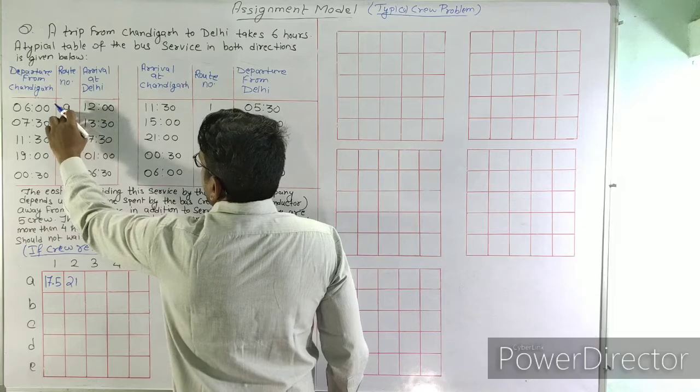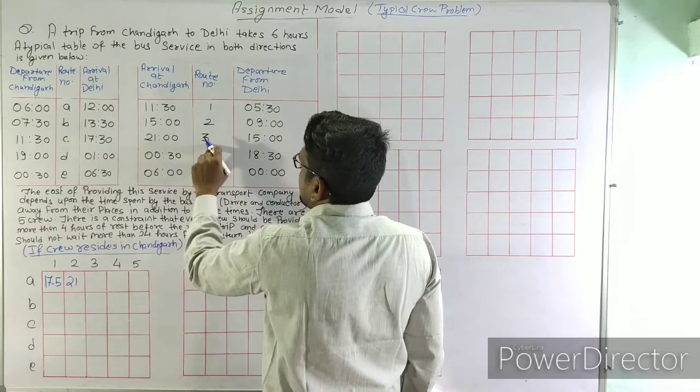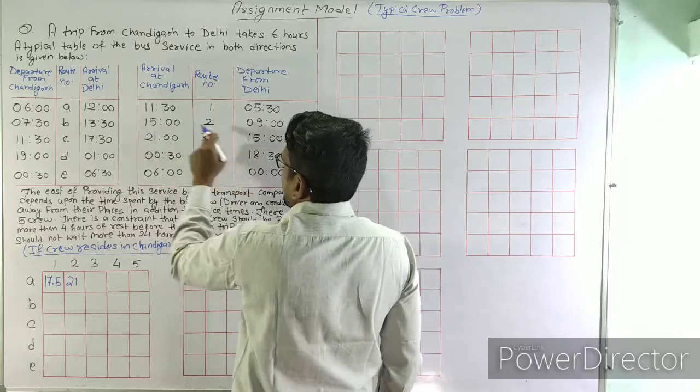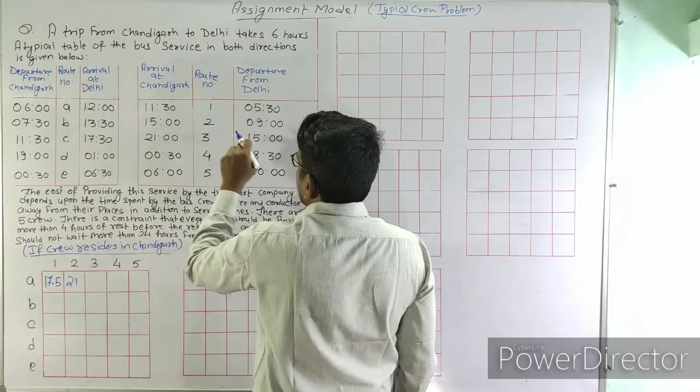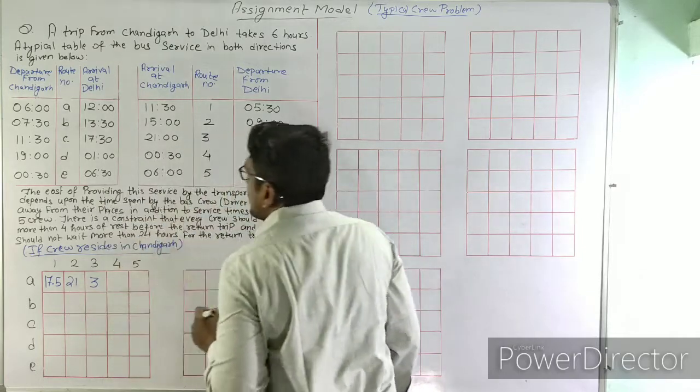If a crew arrives with route A and departs from route 3, the time difference is 12, 13, 14, 15, so 3 hours of rest. This is 3.